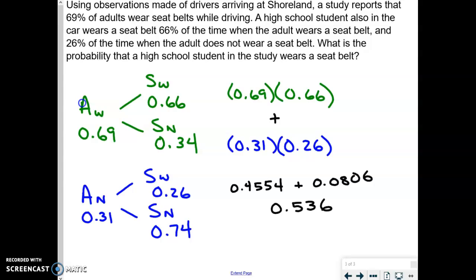Or, to answer our question, what's the probability? The probability would be about 53.6%. So that one kind of brings into play a little bit of 8.4 and 8.5 from our lessons in this unit.